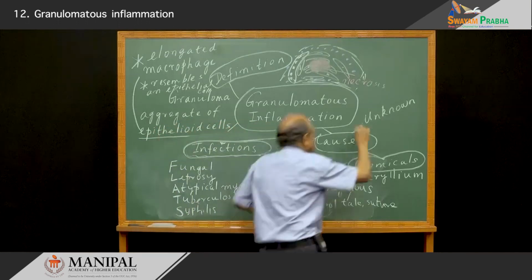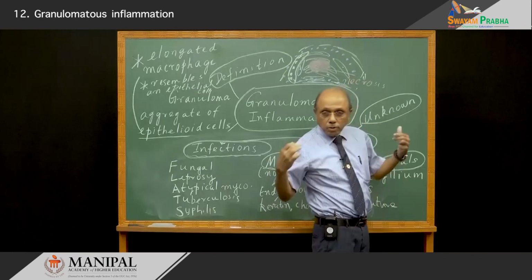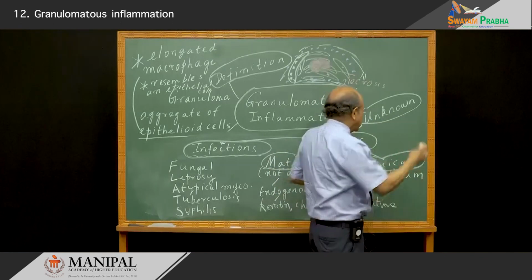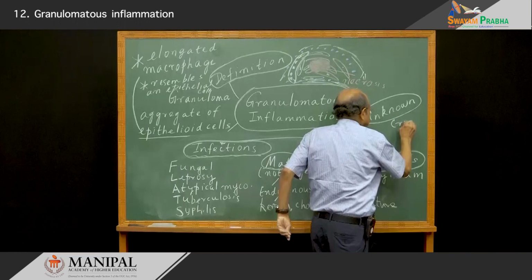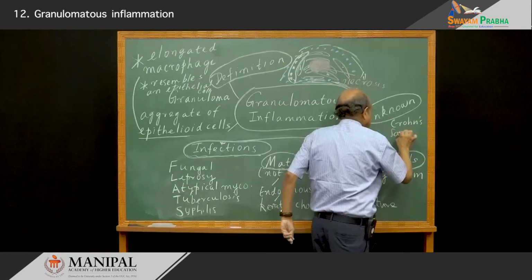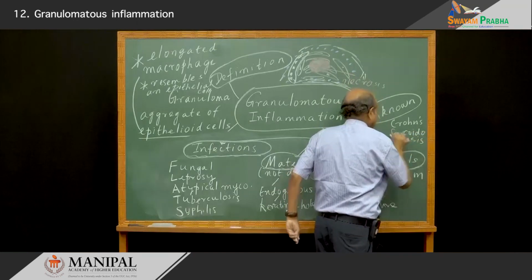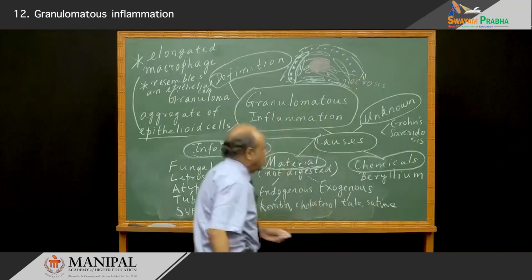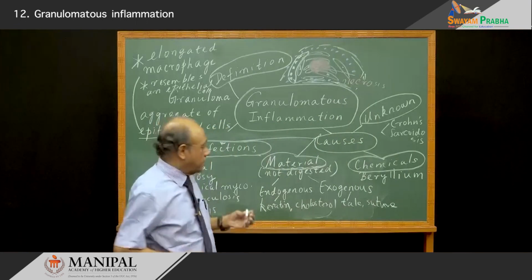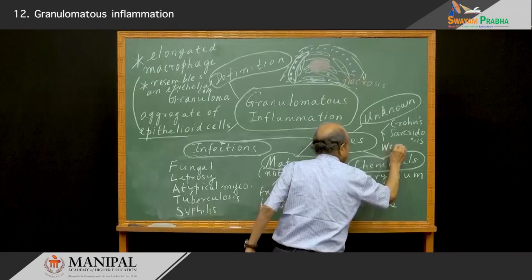Among the most important causes for granuloma for which we do not know the reason, one is Crohn's disease, the other one is sarcoidosis. There is another condition called Wegener's granulomatosis.